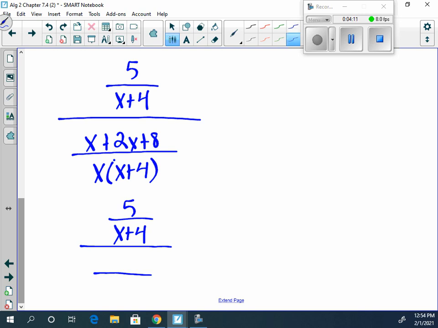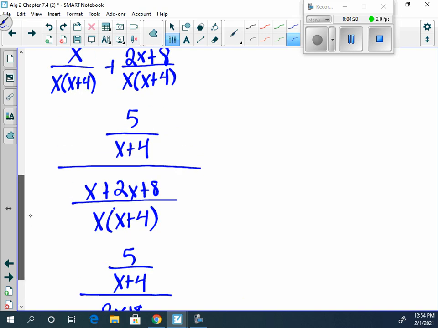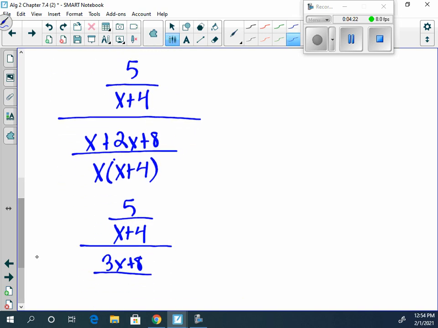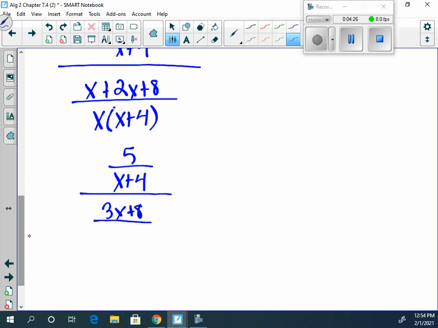Well, x plus 2x is 3x plus 8, over x times x plus 4. Any question on anything we've done so far? Are we good with this so far?